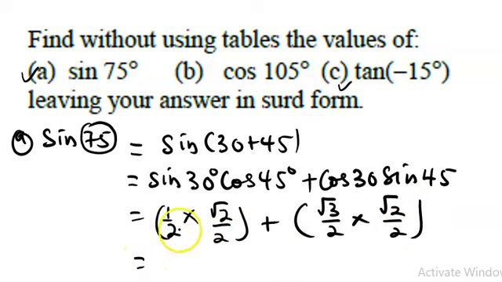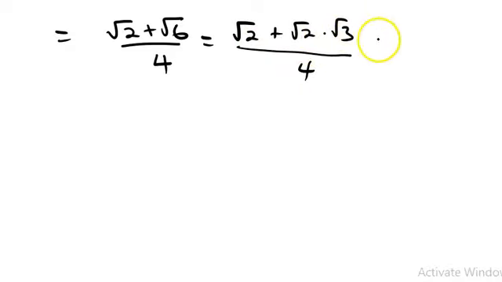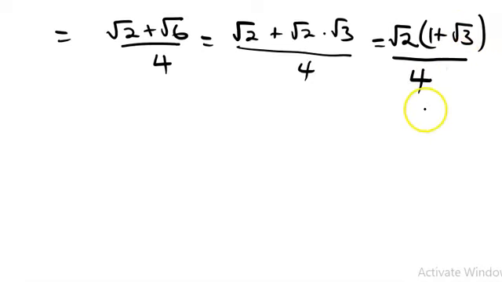So this will be root 2 over 4 plus root 6 over 4. Let's continue. Put them together, making root 2 plus root 6 all over 4. If you want to go further, then root 2 plus root 2 times root 3 over 4, and we can bring root 2 out, so root 2 times bracket 1 plus root 3, over 4.